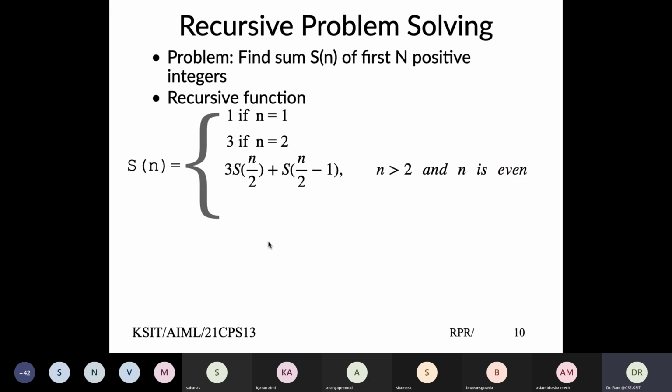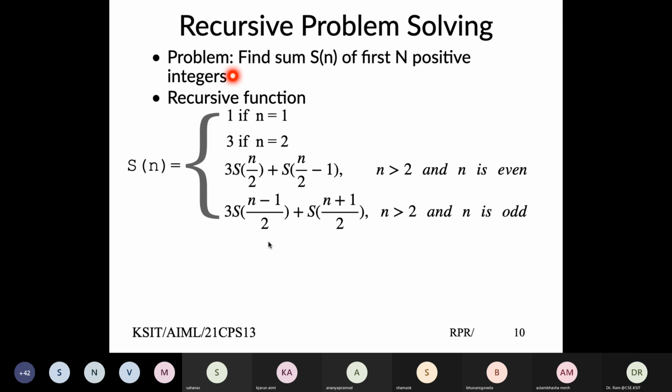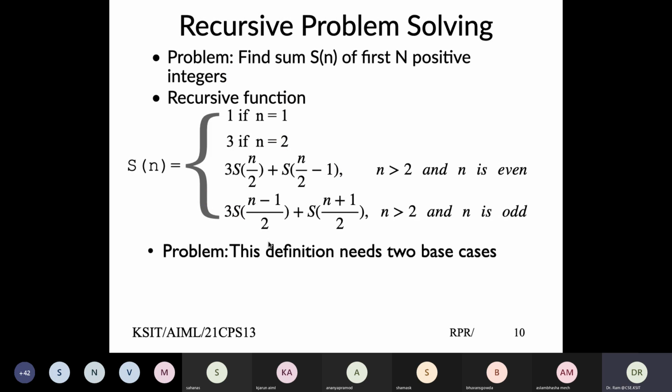And if n is odd, then 3 times S of n minus 1 by 2 plus S of n plus 1 by 2. Now given this, how does my program become using recursion? So I have 2 base cases and then these 2 cases. We look at the problem, first we address the base case and then we look at the smaller version of the problem.